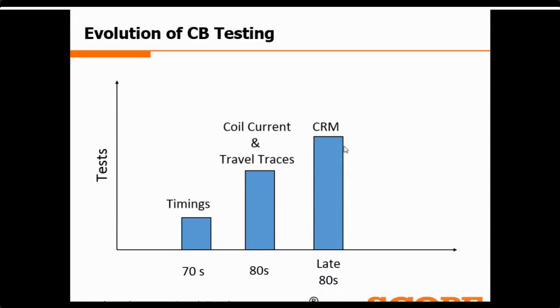But along with these tests, timings, coil current, travel traces, and the CRM, we still observed that many HV and extra high voltage circuit breakers were failing. So what was the reason behind these failures? While we are doing the contact resistance measurement, the circuit breaker is kept in closed condition.